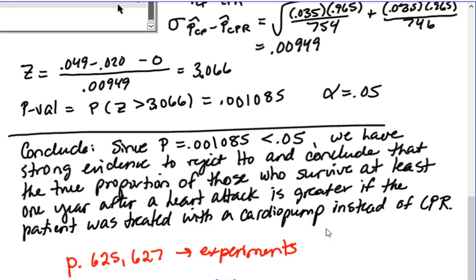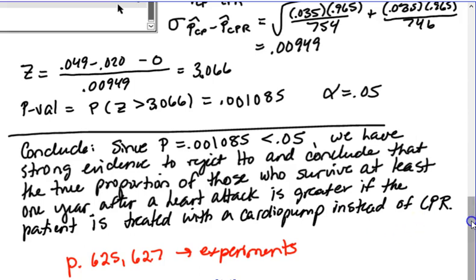We can conclude that the true proportion of those who survive at least 1 year after a heart attack is greater if the patient, I shouldn't say it was, because we don't want to refer to the sample, is treated with a cardiopump instead of CPR.